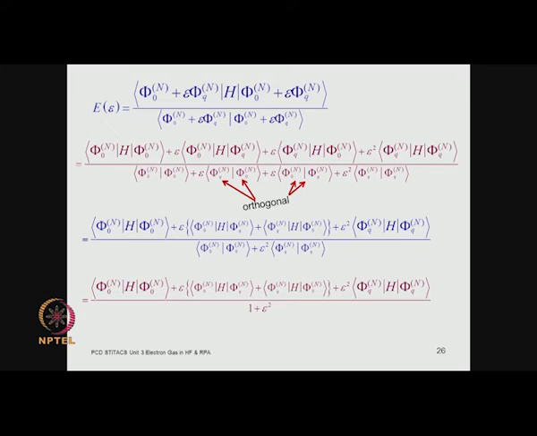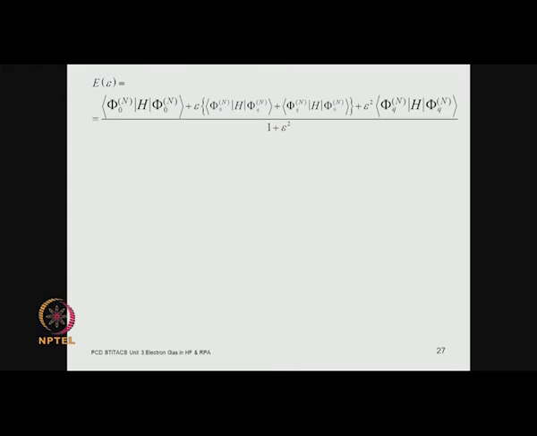And you have a term in epsilon square. In the denominator you have phi 0 norm, which is equal to 1, and the second term will have the norm of phi q, which is also normalized. So, you will have 1 plus epsilon square in the denominator. So, this is what we have got.